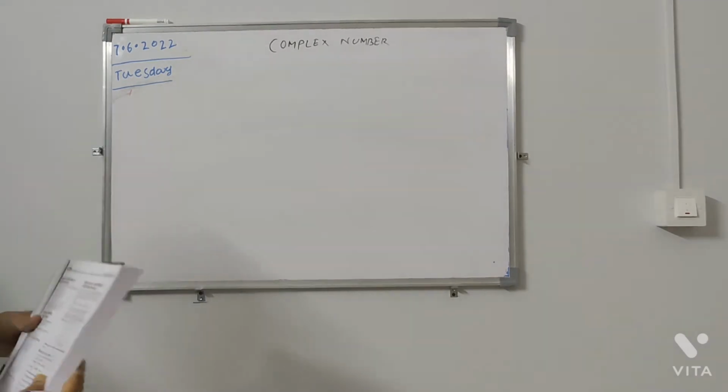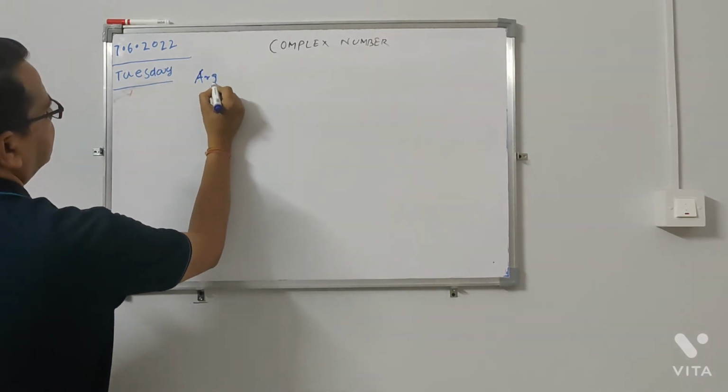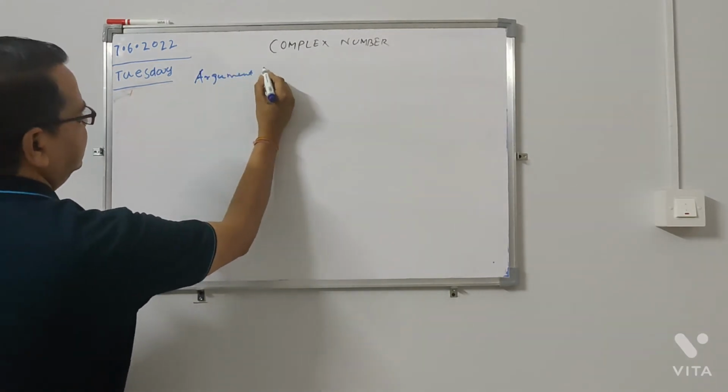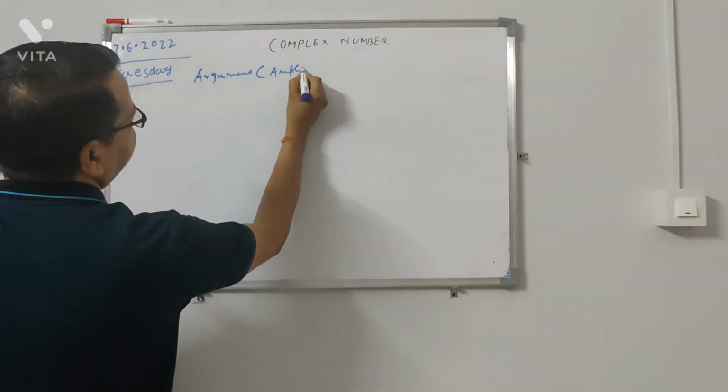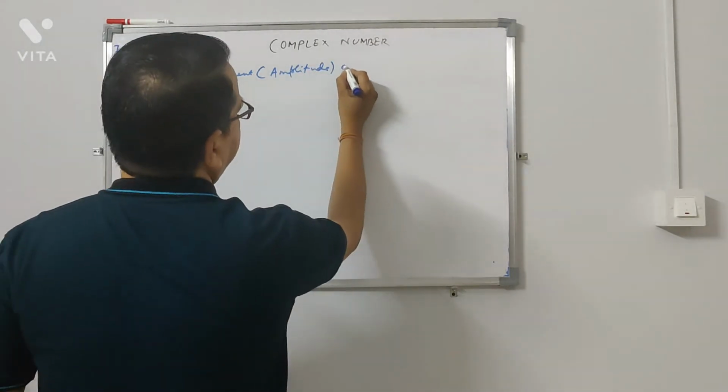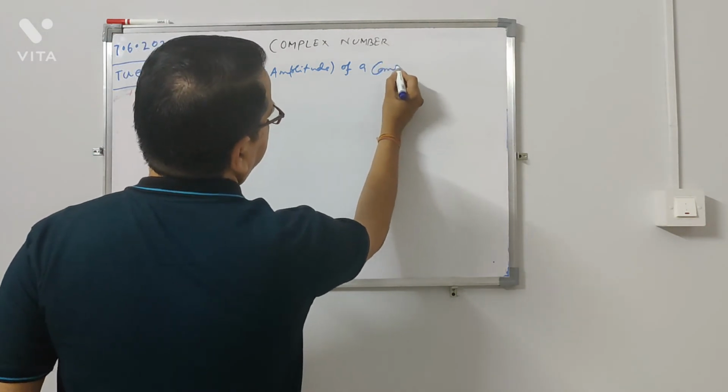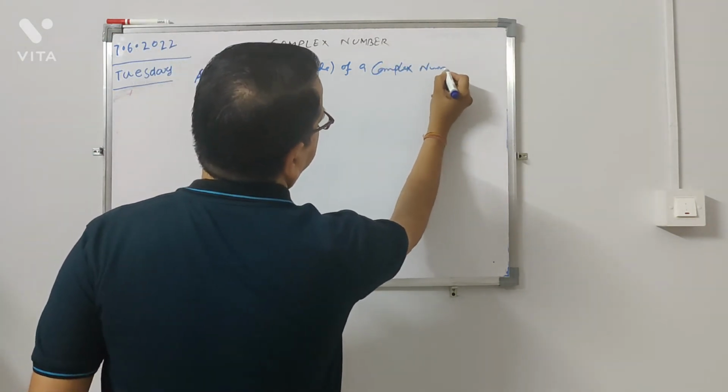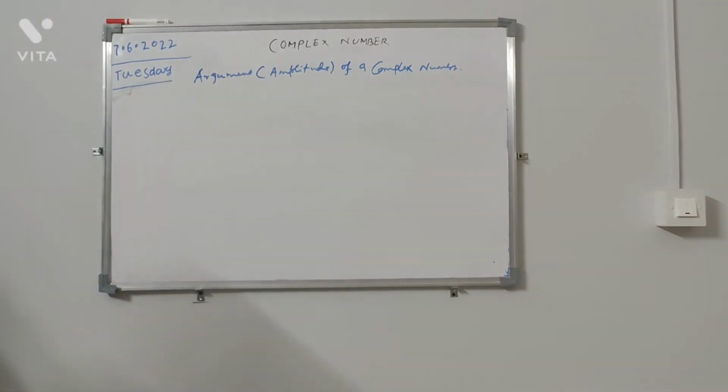Then the amplitude of a complex number, the argument, which is otherwise called the amplitude.